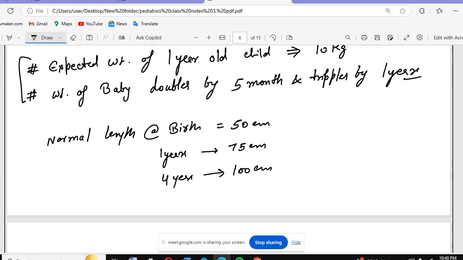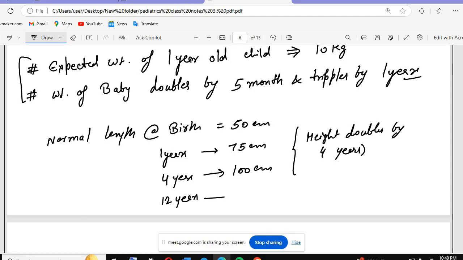So you can easily understand that the height doubles by 4 years. At 12 years, the height would be around 150 centimeter, which is 50 multiplied by 3, so the height triples by 12 years.